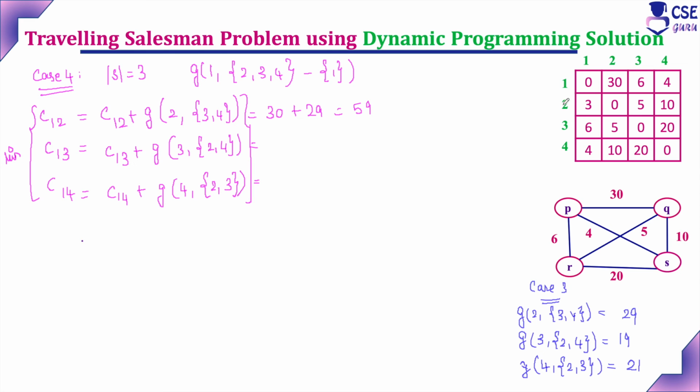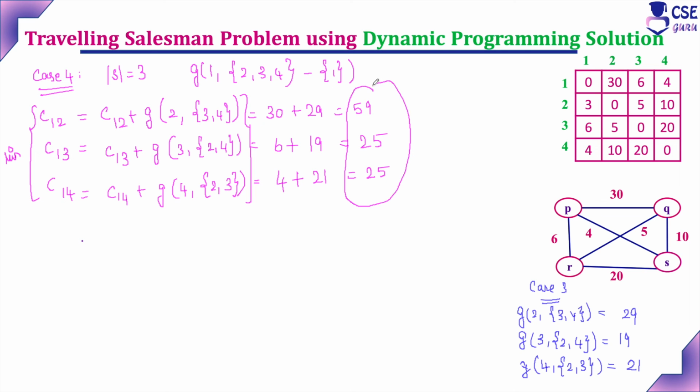Here, if we are considering C13, cost is 6 plus G of 3,2,4, whose cost is 19. So here we will get 25. And next C14, if you are considering, cost is 4 plus G of 4,2,3, whose cost is 21. Here also we will get 25.